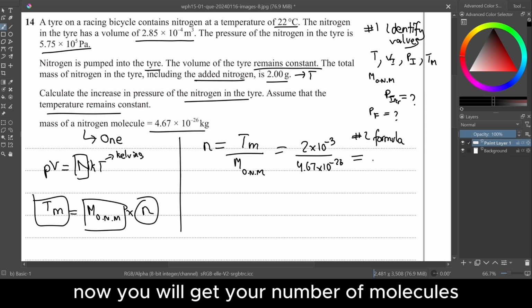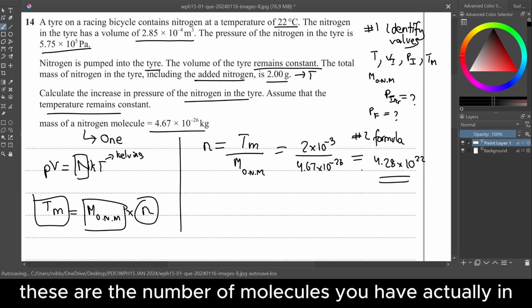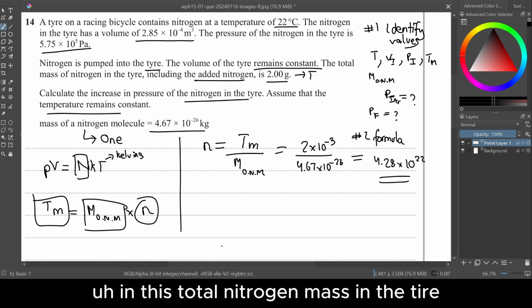Now you will get your number of molecules as 4.28 times 10 raised to power 22. Okay, these are the number of molecules you actually have in this total nitrogen mass in the tire.